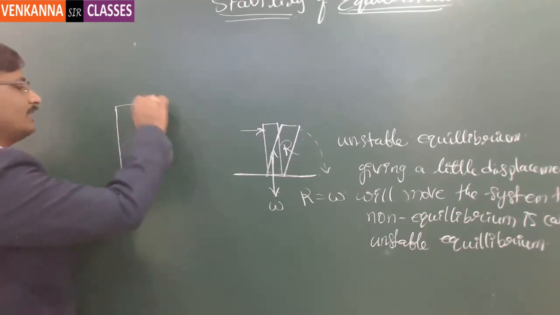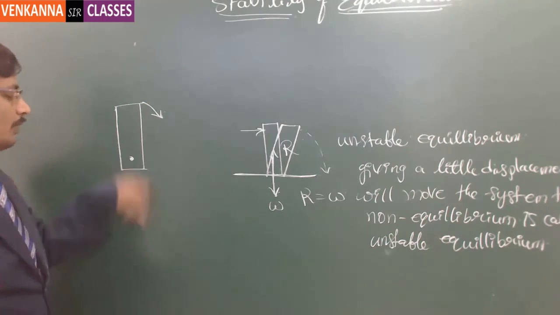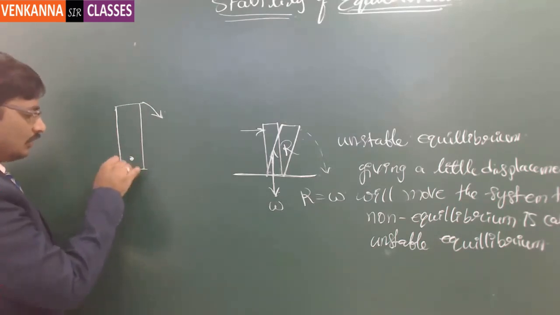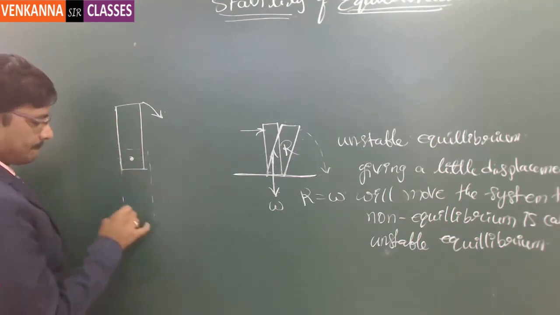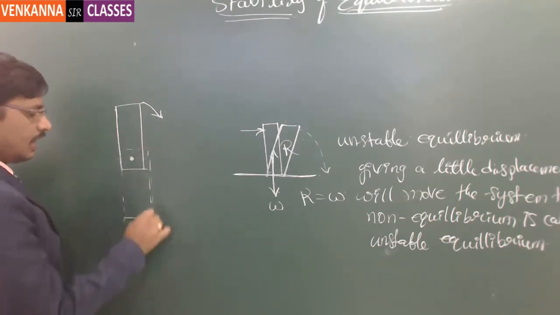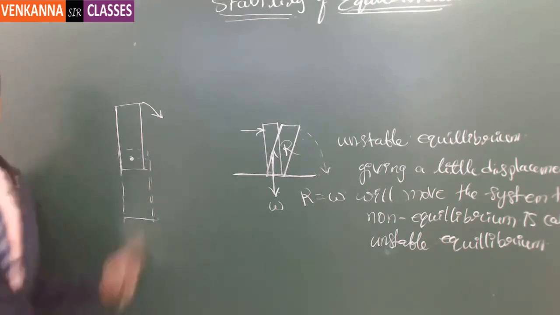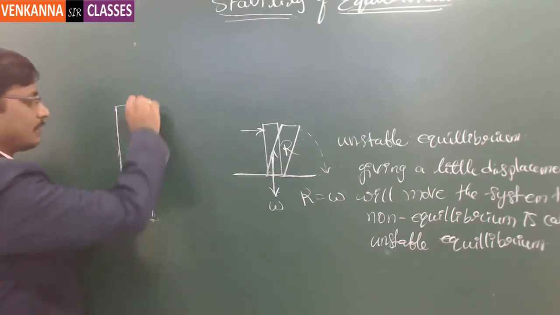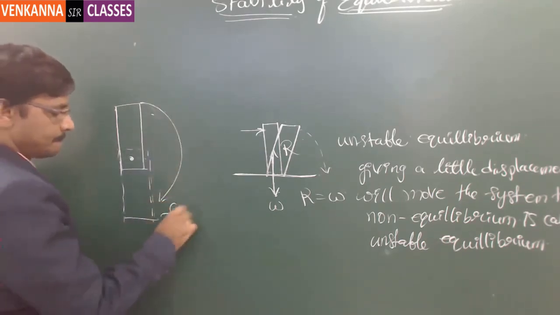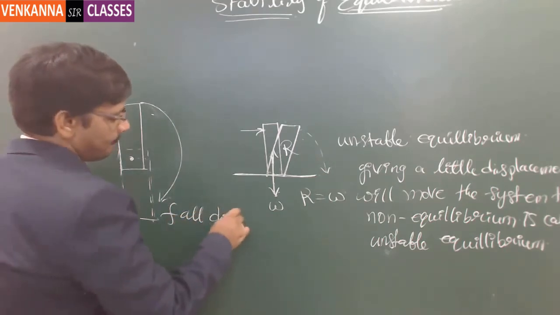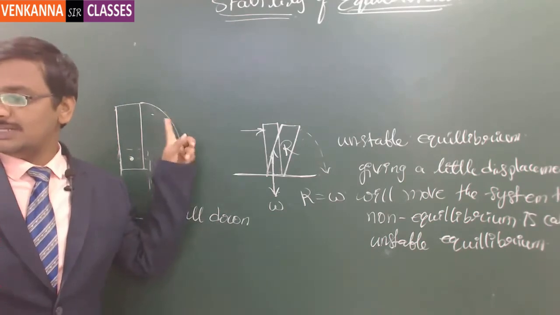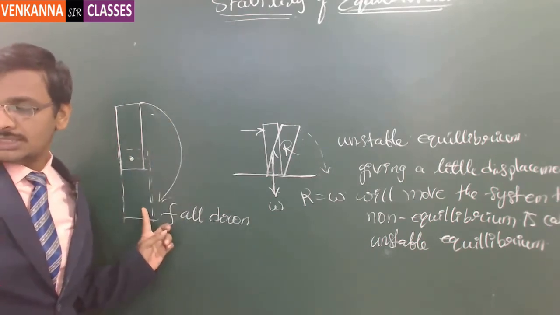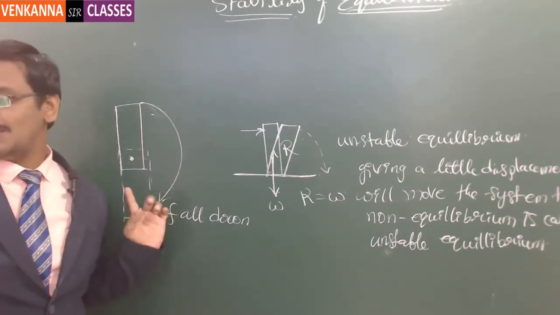Now if I give a little displacement, it will automatically fall down like this. So initially the system is under equilibrium condition, but with a little displacement it falls down. This is what is called unstable equilibrium.